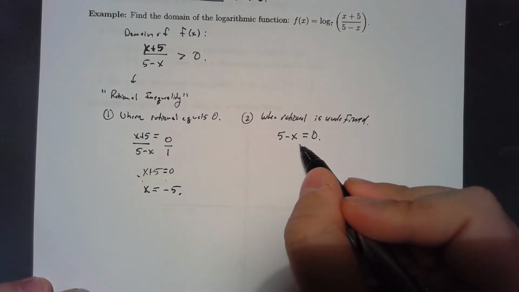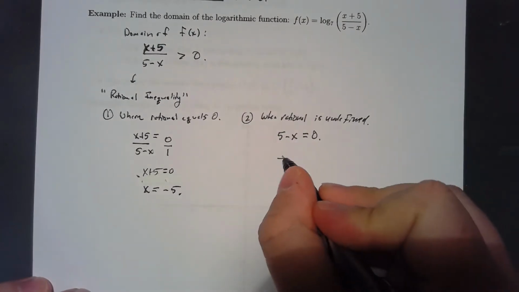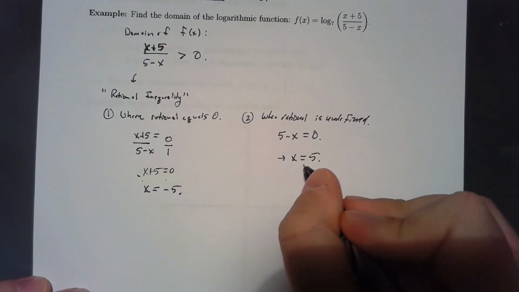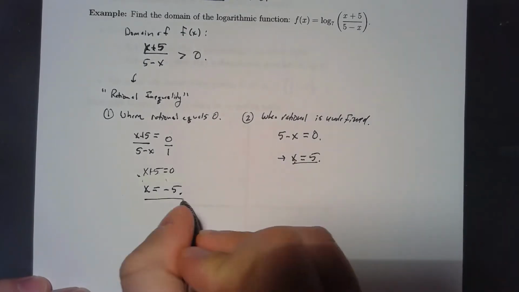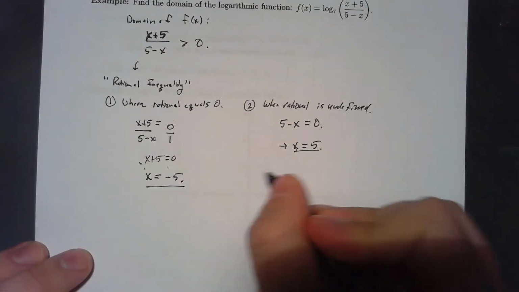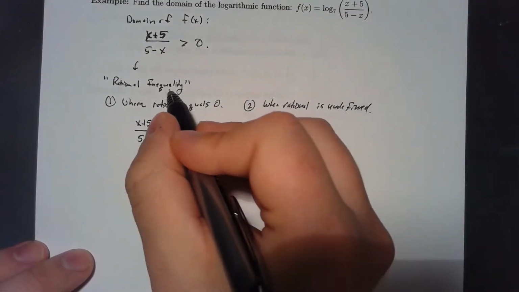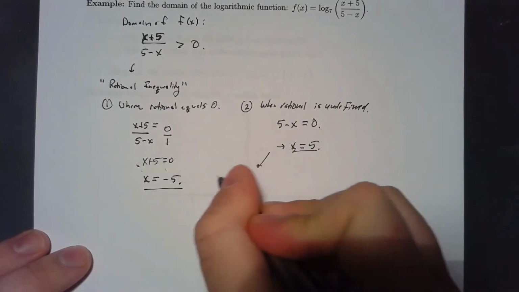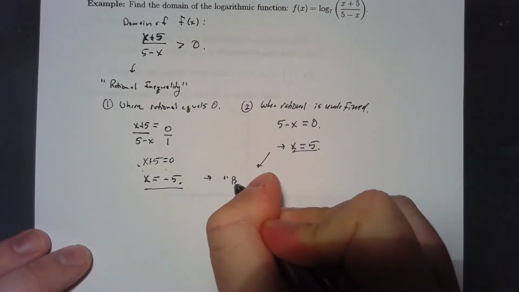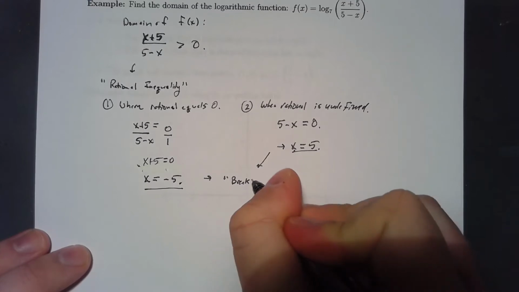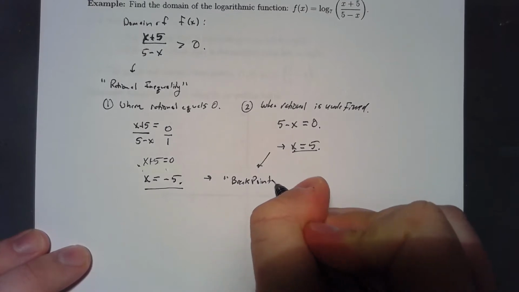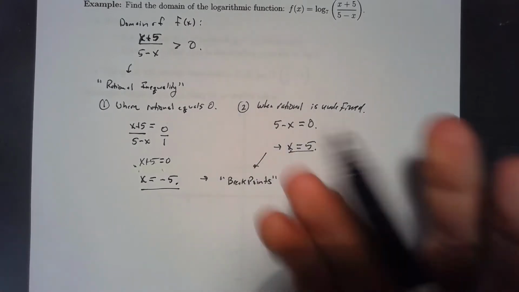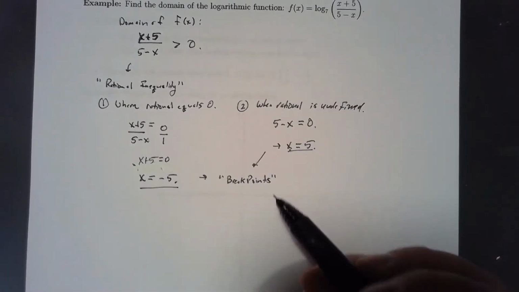If you solve this, that's simply x equals 5. You just add x to both sides. So these are the breakpoints of my rational inequality. That's where the inequality changes from positive to negative or vice versa.